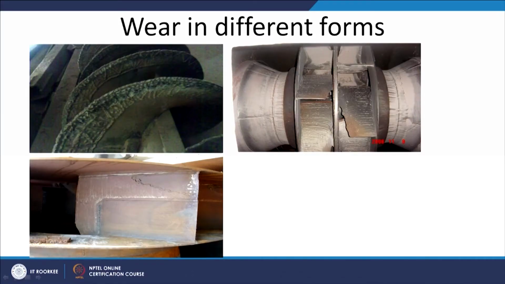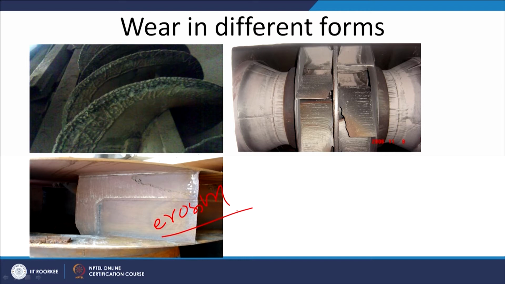So, here we can see a number of examples. This is one typical component commonly used in the cement industry for transport of the raw material in the course of manufacturing, and during service it is invariably subjected to erosion. This is another fan blade, which is also subjected to erosion, used in the cement industry, and there is another component used in the cement industry.